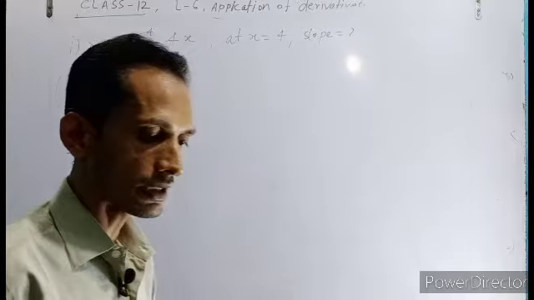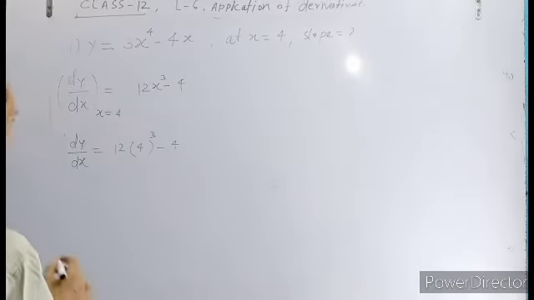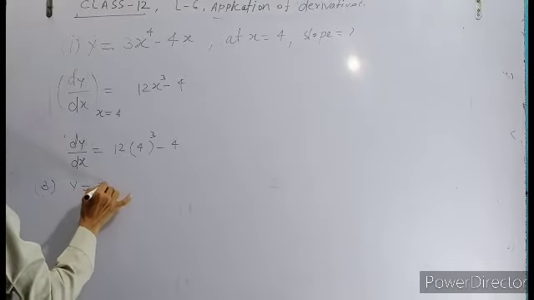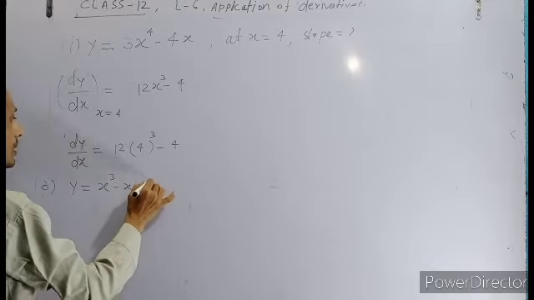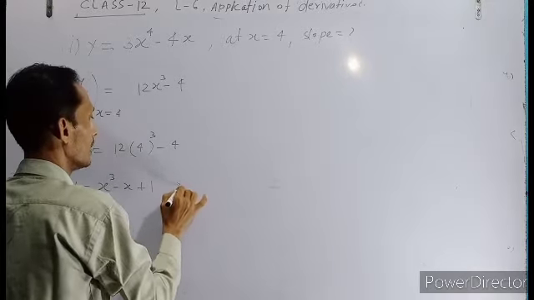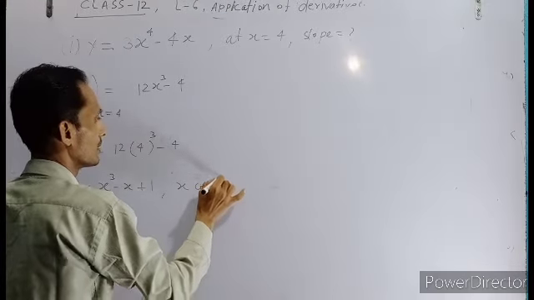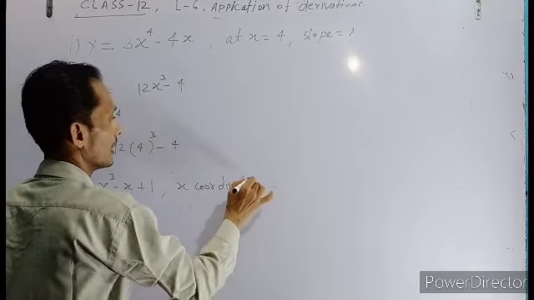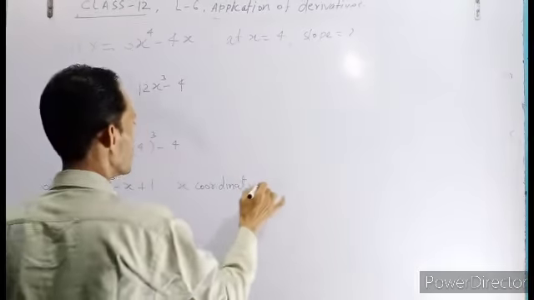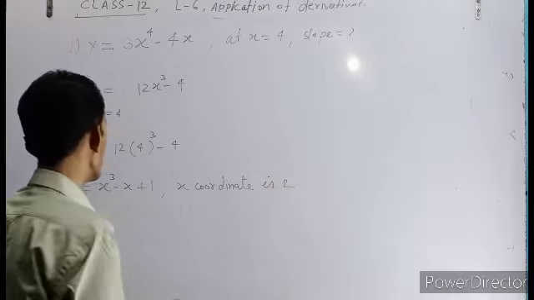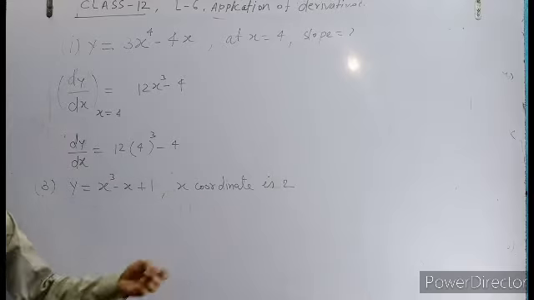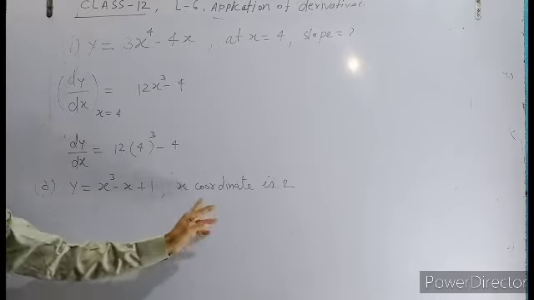Find the slope of the tangent to the curve y equal to x cube minus x plus 1 at the point whose x coordinate is 2.